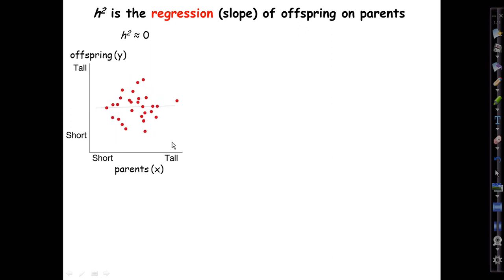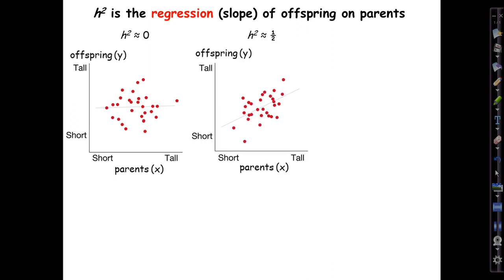If there's basically no consistent relationship, the heritability will be near zero. That is, knowing the parents' phenotypes does not tell us much about how tall or short the offspring will be. But if there's moderate heritability, let's say on the order of a half, then knowledge of the parents' phenotype, that is their height, will tell us a lot, but not everything, about the height of the offspring.